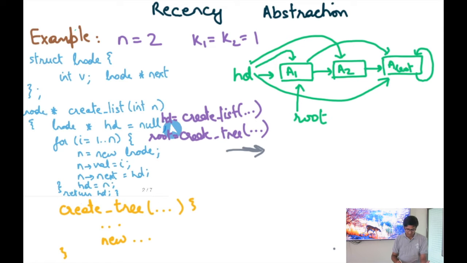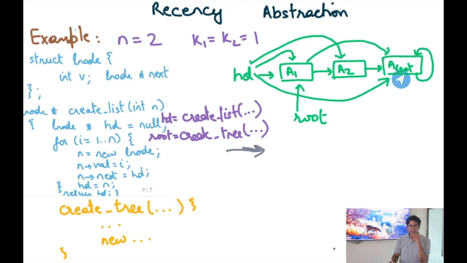Depending on how many allocations were made by create tree, if it didn't make any allocation at all, then head may point to A1, the most recent allocation. If create tree made exactly one allocation, then head may point to A2. If create tree made more than one allocation, then head may point to A last.